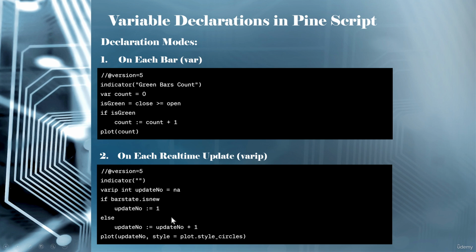On every following tick, we are incrementing this variable by 1. And because we declared this variable as varip, meaning on each real-time update declaration mode, it preserves its value between the ticks. So this is how the on each real-time update declaration mode works.